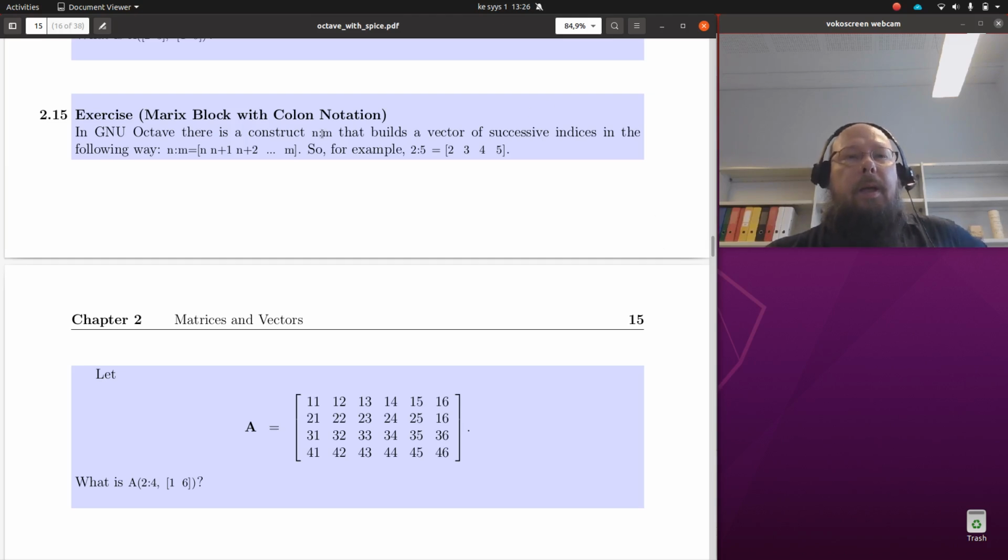Now there's a construct that says n colon m. This builds a vector of successive indices in the following way. n colon m is a vector with elements n, n plus 1, n plus 2, up to m.